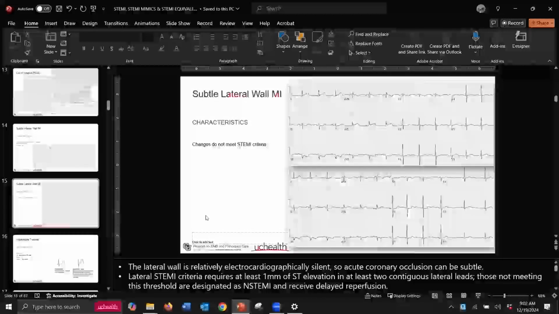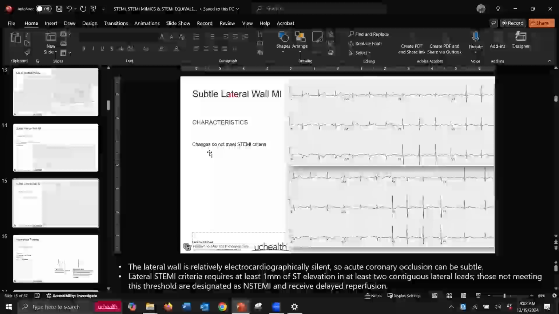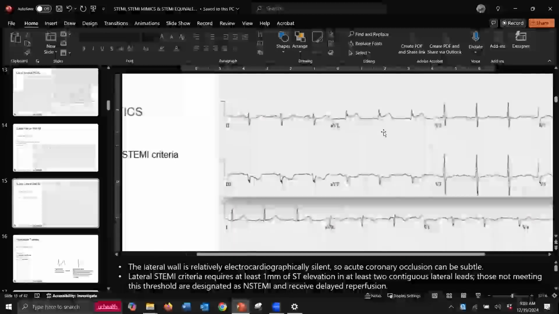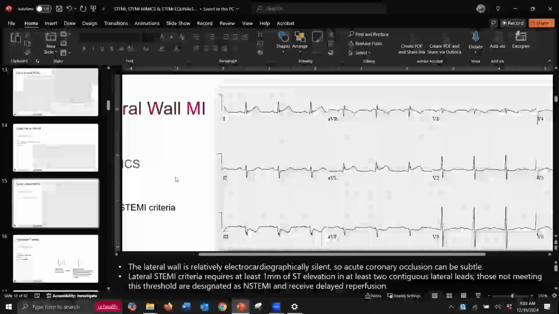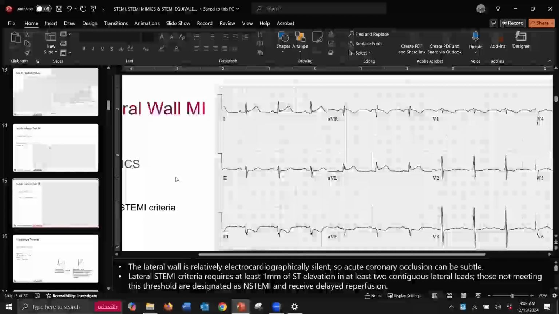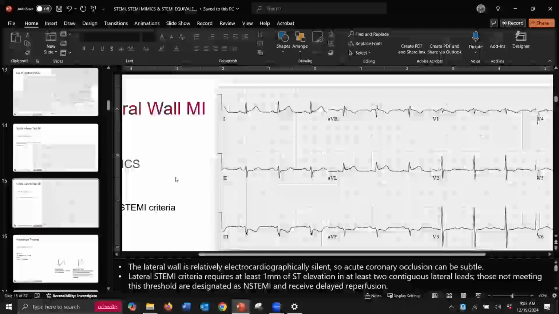We look at lead 1. I mean, it kind of looks like there's some elevation, but it certainly doesn't meet STEMI criteria. We look at AVL. AVL, it's elevated, right?